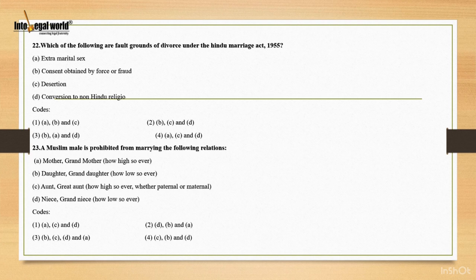He can marry an aunt and grand aunt. Niece and grand niece, which we call bhatiji in Hindi. So he cannot marry a niece and grand niece. So the correct option will be A, B and D. D, B, A. Option 2 is the correct answer.